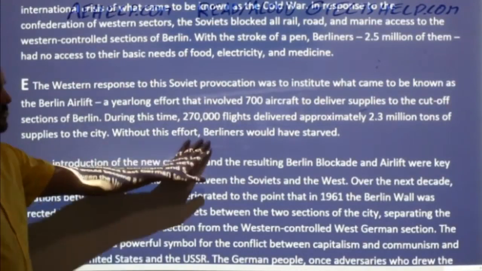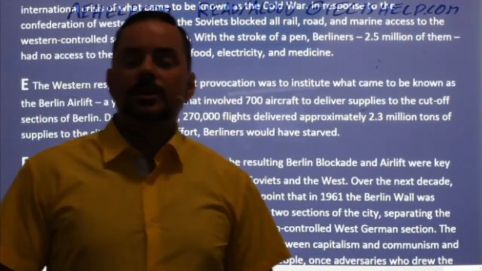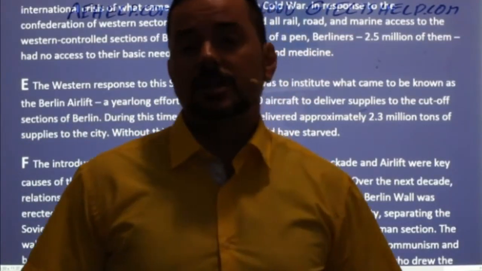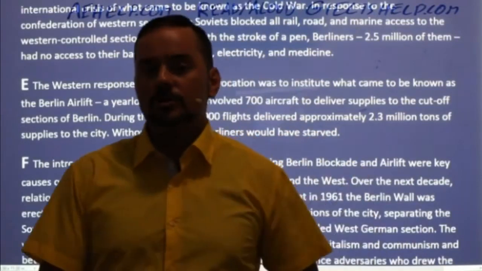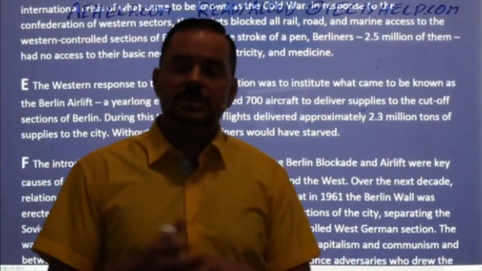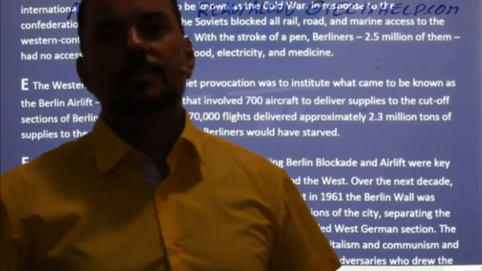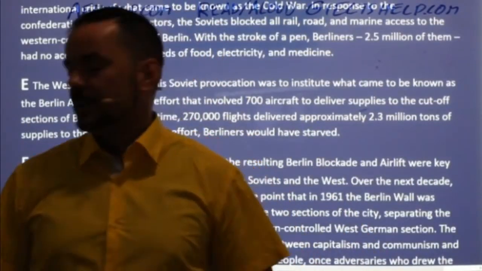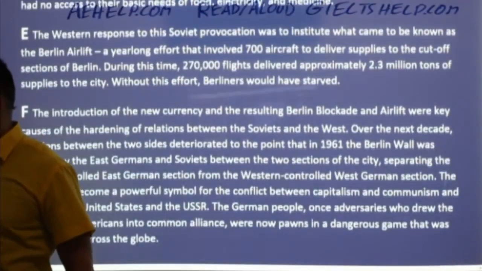Without this effort, Berliners would have starved. So here the Americans, the Brits and the French said, okay, if you block the road, if you block access, no water, no boats, and you're visualizing all of this, then we'll go by air. So we'll just take planes and drop in the food, drop in the clothing, drop in the supplies. And they did that.